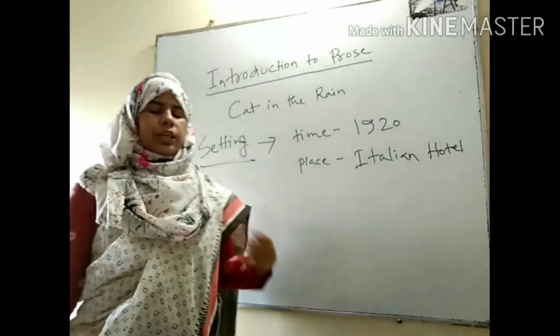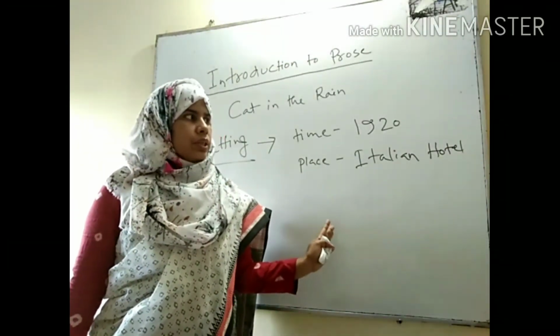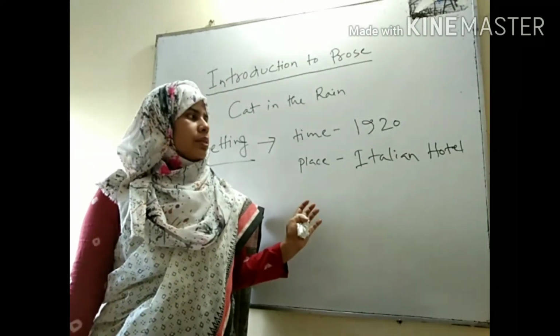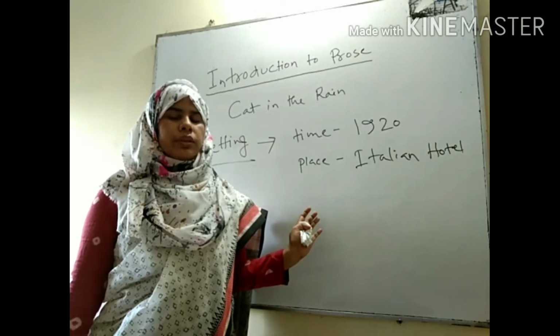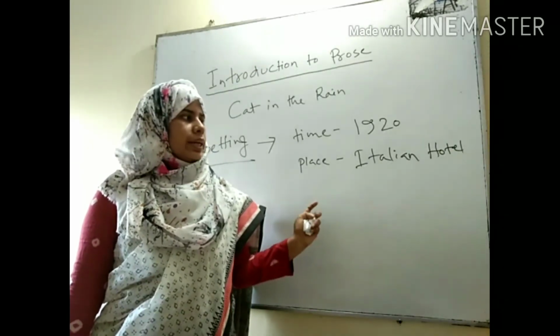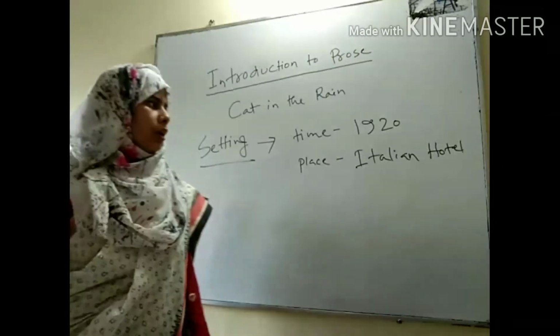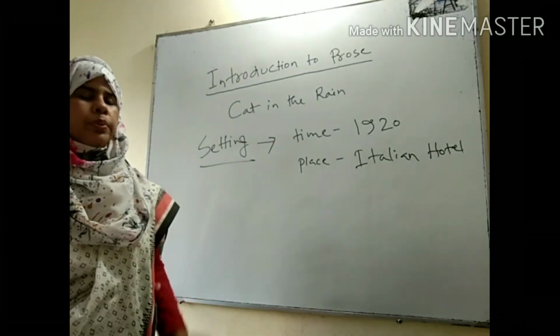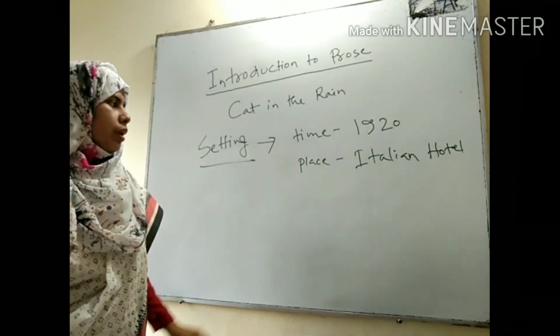So I am going to tell you the story in a nutshell first. Then I will discuss important symbols, language, themes, and style of this story. First, I am going to give you a brief outline of the story.